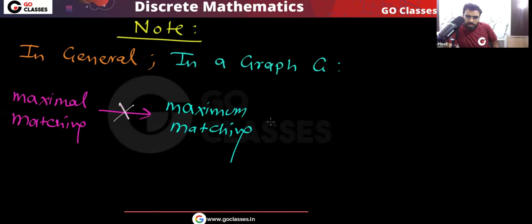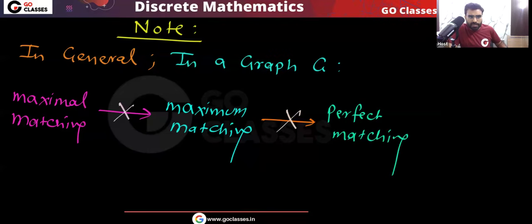We also know that maximum matching does not imply perfect matching. Remember, every perfect matching is maximum, and every maximum matching is maximal, whatever graph you take.